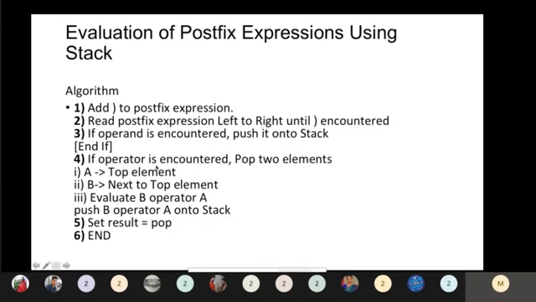Then if we have an operator, with the help of that operator, we perform the calculation on the topmost two elements. Then we do the evaluation. Once the evaluation is performed, that answer also you have to push on the top of the stack. The same procedure will continue until the end of the value is obtained.